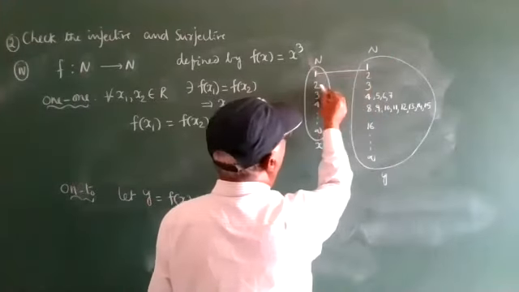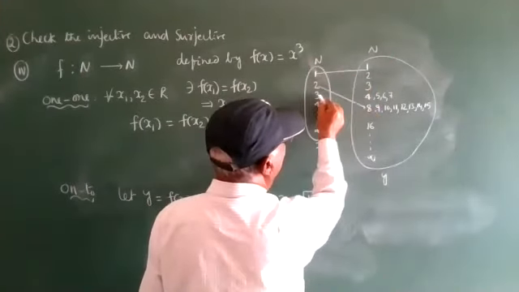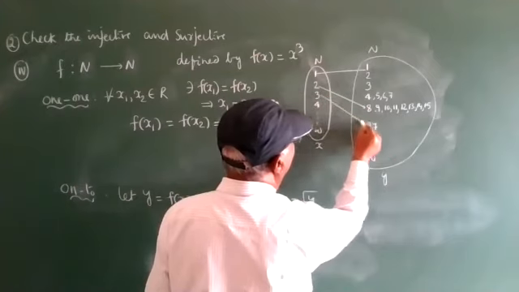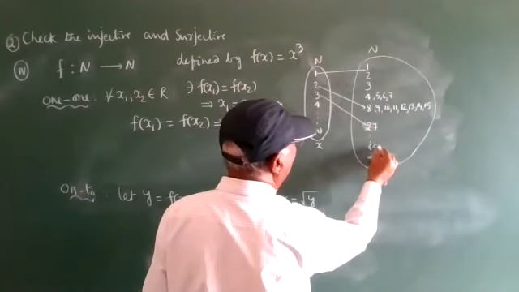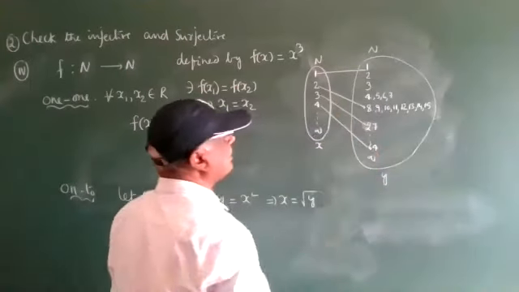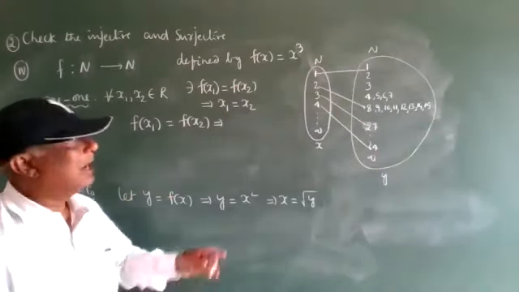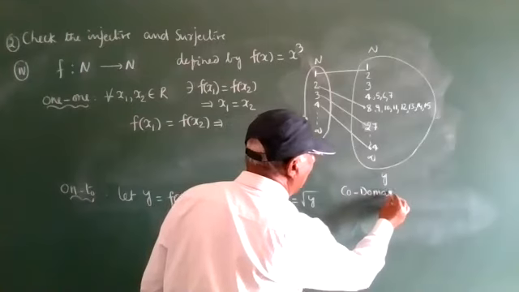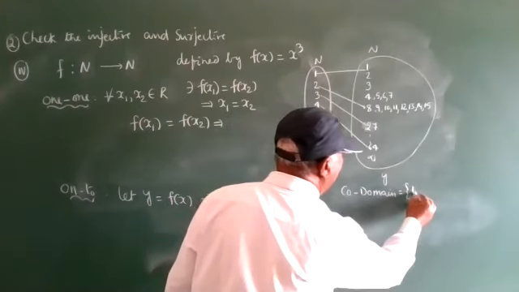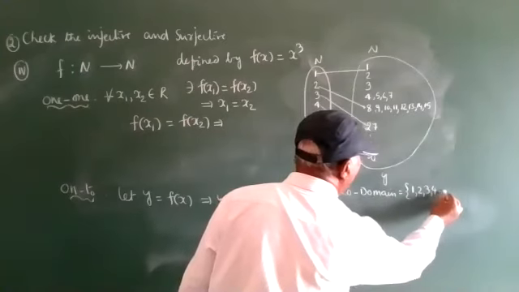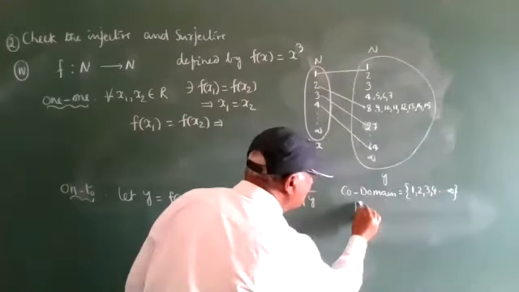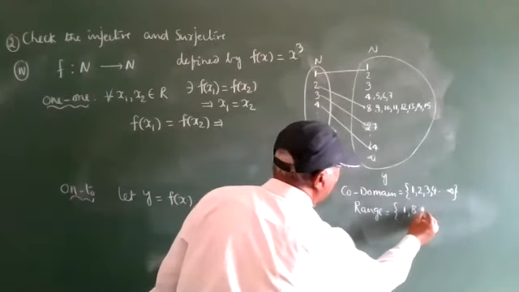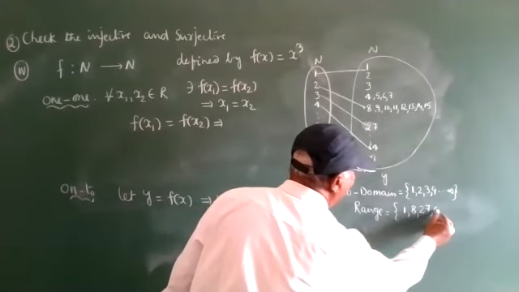1 cube is 1, 2 cube is 8, 3 cube is 27, and 4 cube is 64. So now what values do we have? The codomain is equal to all the natural numbers 1, 2, 3, 4 up to infinity, but the range is 1, 8, 27, 64.